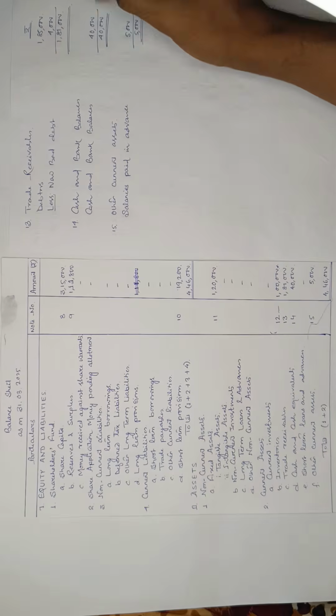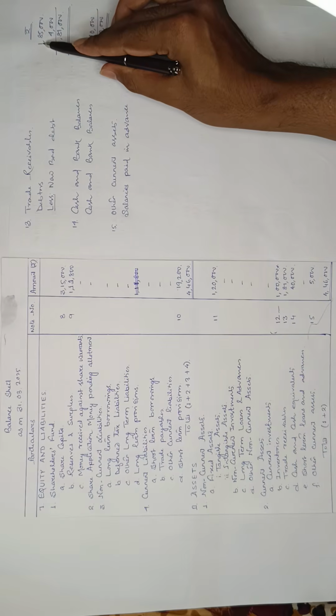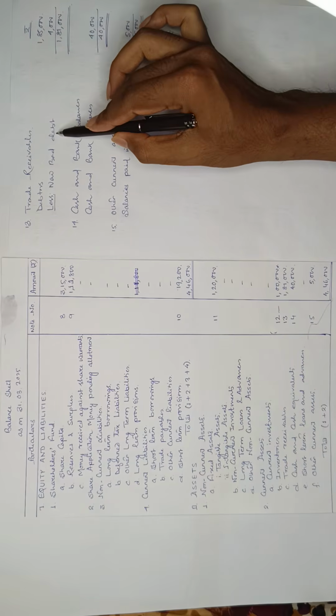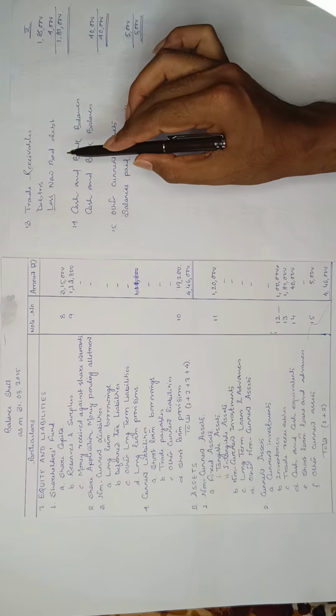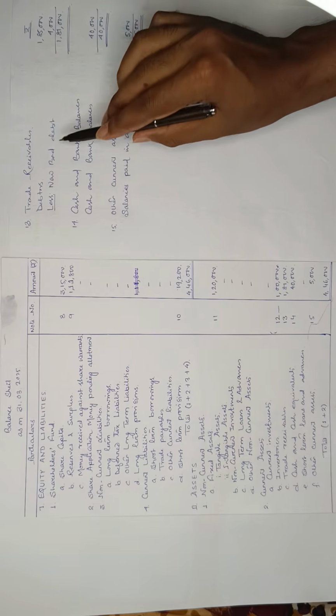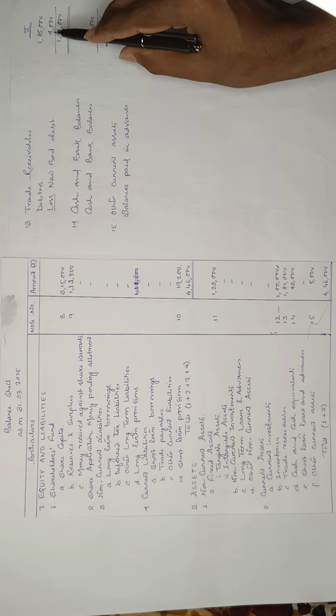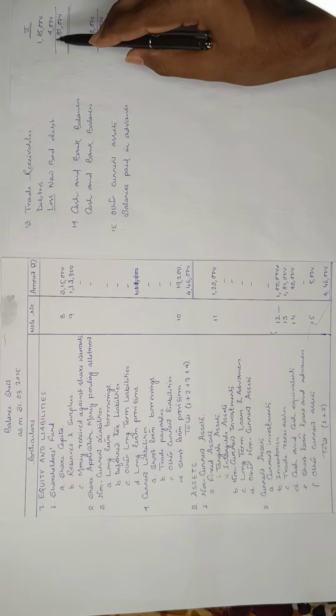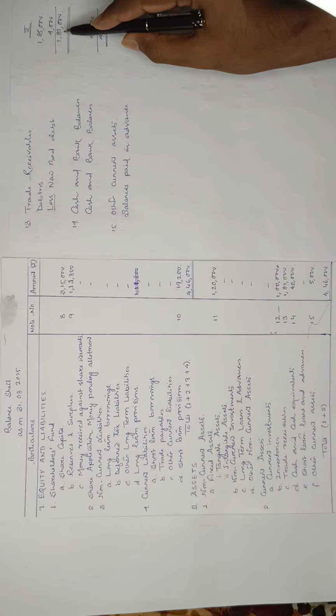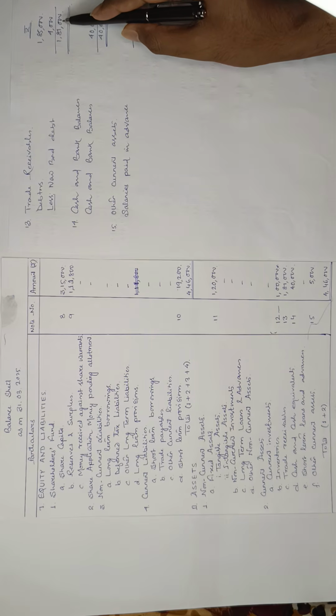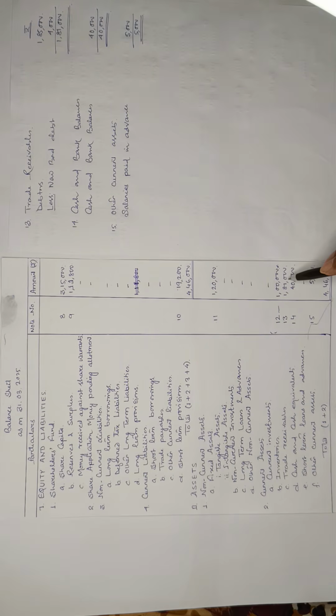How to show the amount of trade receivables? You have debtors of 1,85,000. From here you need to first deduct the new bad debt. My new bad debt is 4,000, which is there in the adjustments. So 1,81,000 is the amount of trade receivables.